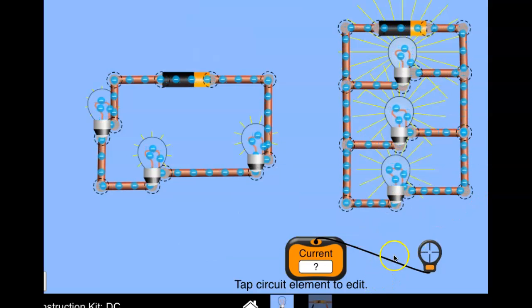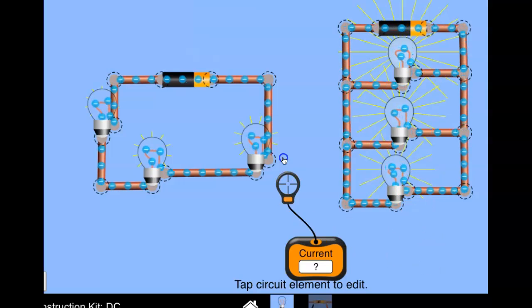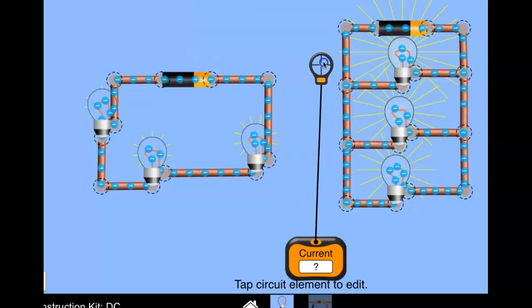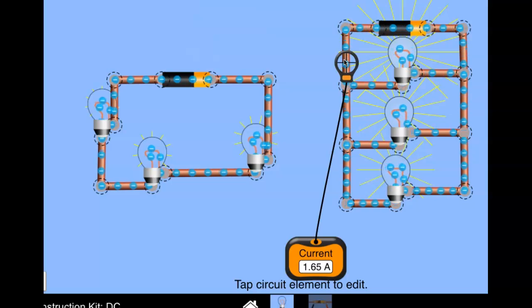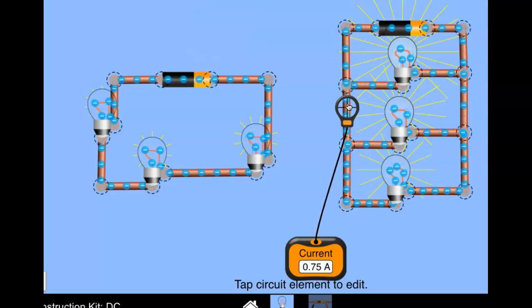Let's talk about the junction rule. Now there are no junctions here. A junction means that there's basically places where the current can split. And this one's pretty simple too. If I put this ammeter right before the split, it says there's 1.65 amps. If I put it after that split, it says 0.75. 1.65 and then 0.75.